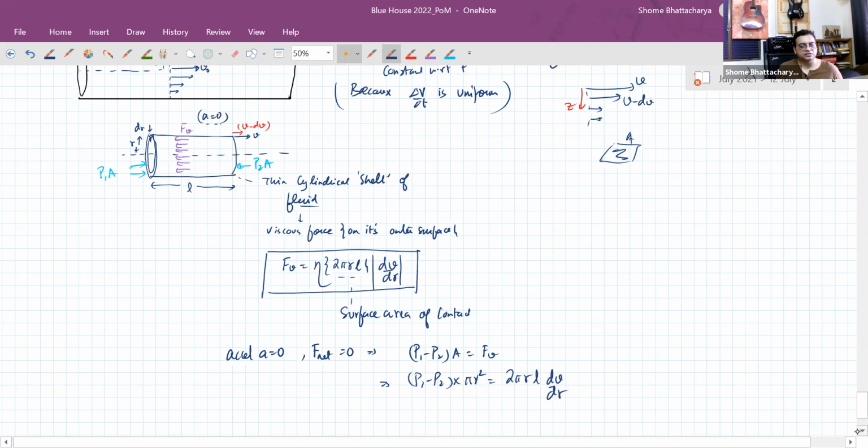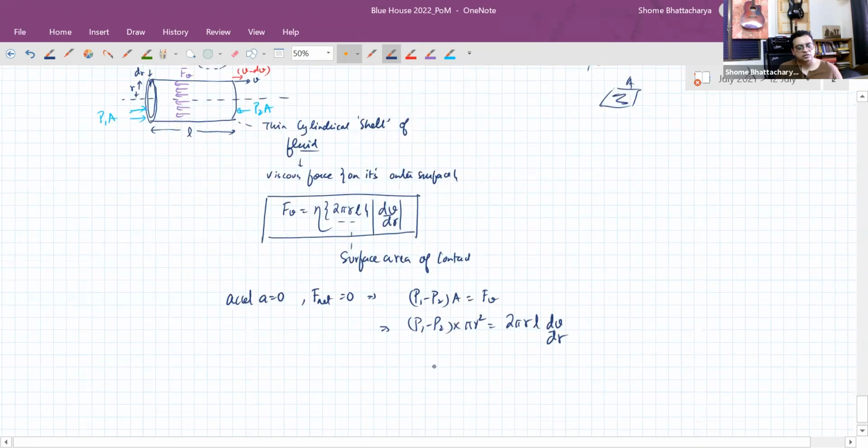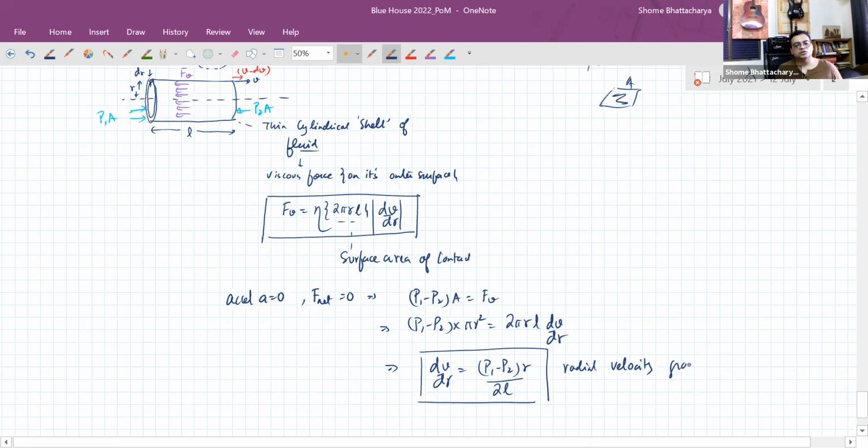Okay. So ultimately, we are seeing that dV by dr is coming out to be how much? P1 minus P2 into R upon 2L. Correct. This is what the velocity gradient is. This is the radial velocity gradient. But only one thing is there here.